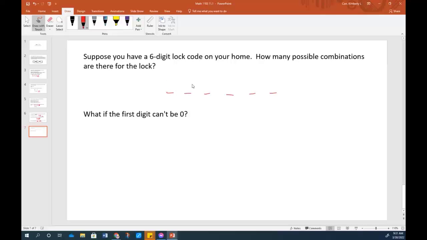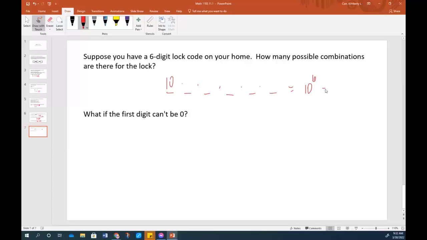So then the question is, for each of these 6, how many choices do you have? Well, how many digits are there? There are digits 0 through 9, which is 10 digits. And that's going to take place actually on each of them because there's nothing that says you can't use the same digit again. So we have 10 digits to choose from, and we have to make this choice 6 times.